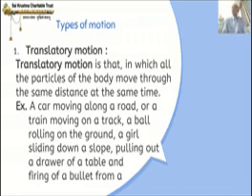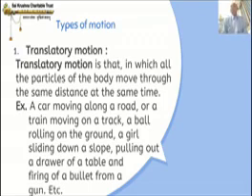Examples: a car moving along a road, a train moving on a track, a ball rolling on the ground, a girl sliding down a slope, pulling out a drawer of a table, and firing of a bullet from a gun, etc. These are some of the examples of translatory motion.